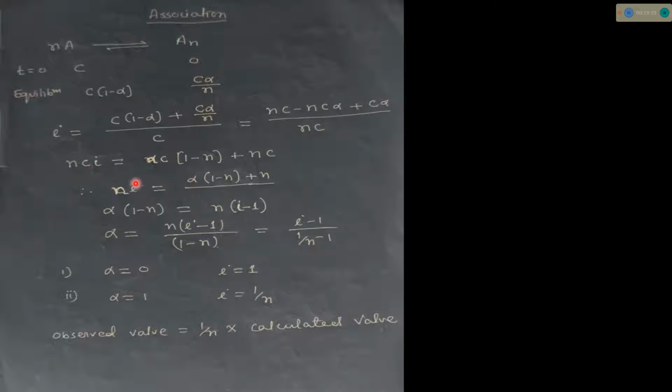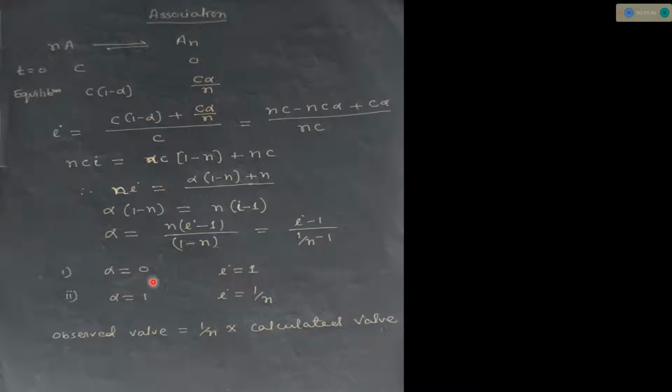Now from these equations, if we want to write a relation between alpha and i, we have to find alpha. We obtain alpha equal to (i minus 1) by (1 upon n minus 1). This is the relation between alpha and i in case of association.